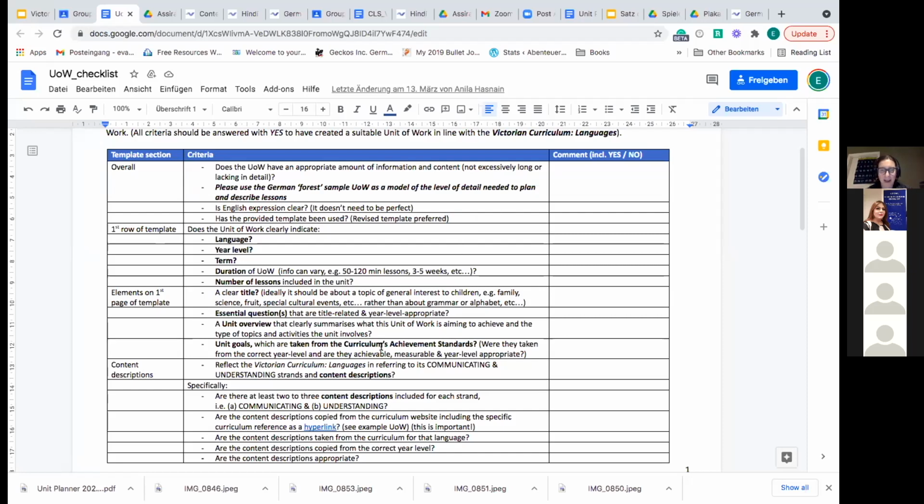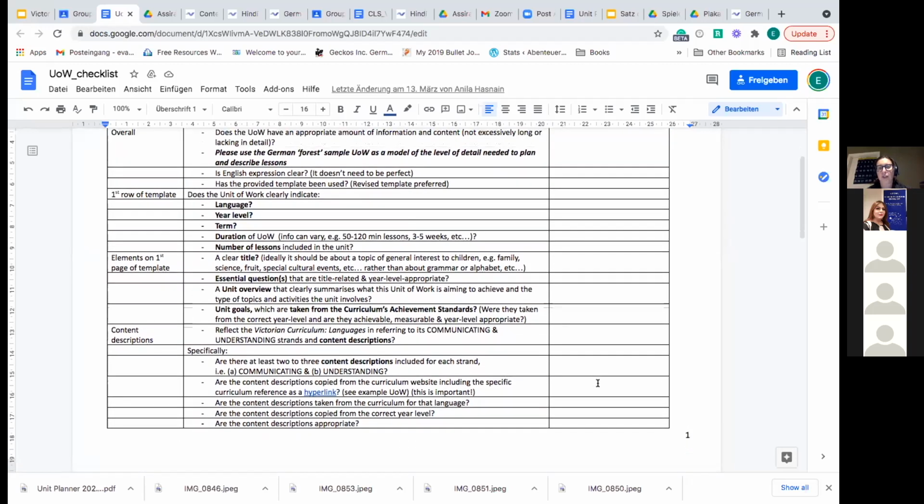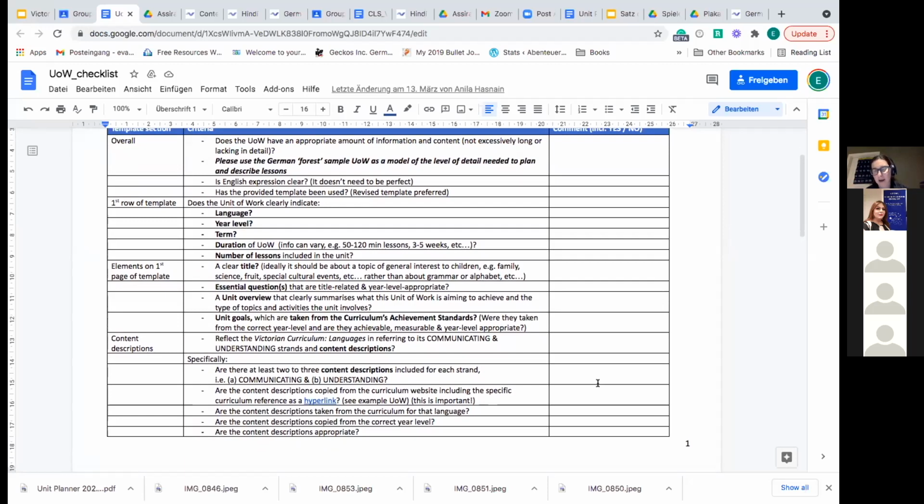So that's why we have this checklist for you, so you can check, am I doing the right thing, or do I need to change something? Yeah, and all the trainers are more than happy to support you with that, give you feedback, give you recommendations or suggestions, what you can do to be compliant.